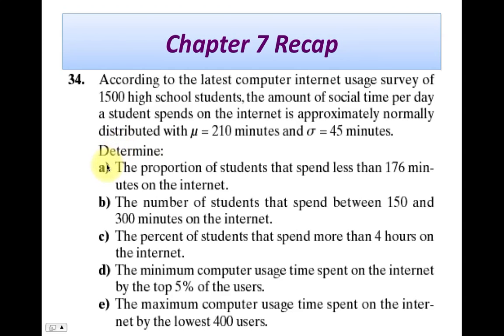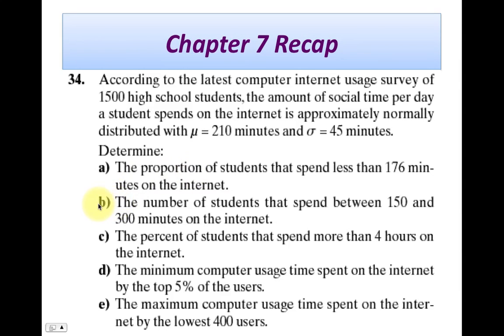You've also got a total number of high school students that were part of the survey. Part A, determine the proportion of students that spend less than 176 minutes. When you're trying to find a proportion, you're going to be using normal CDF.